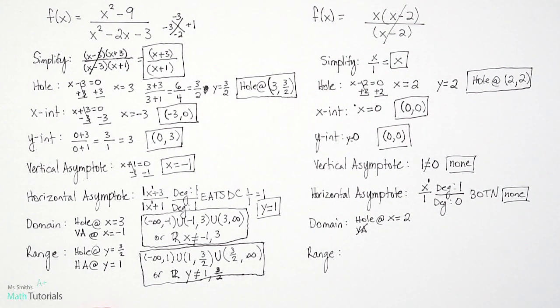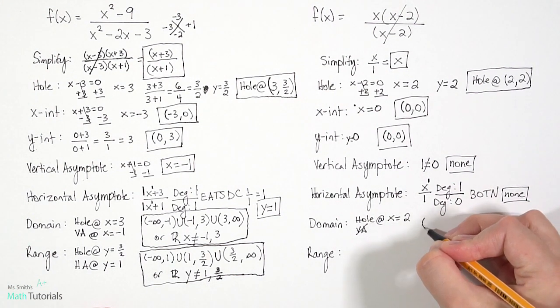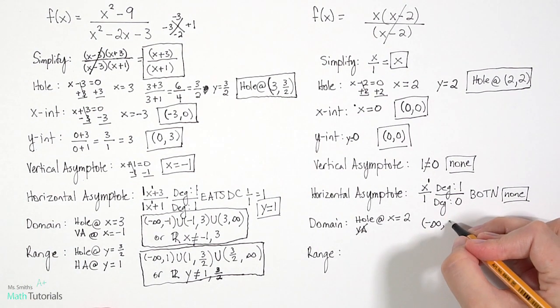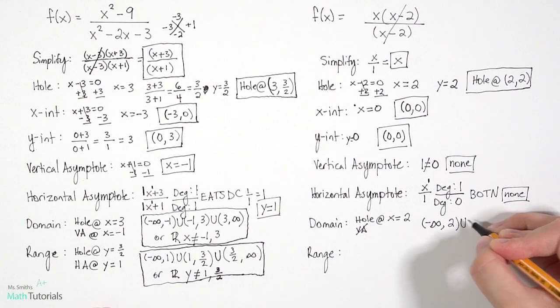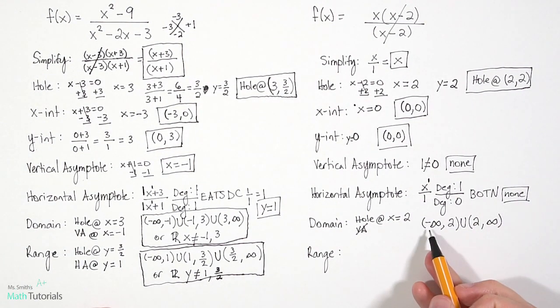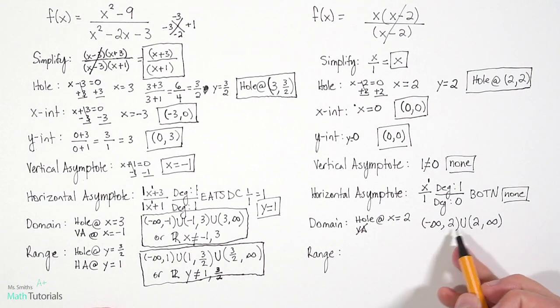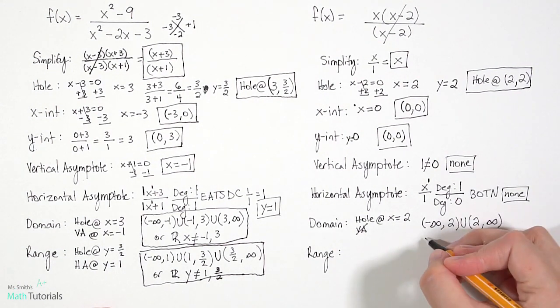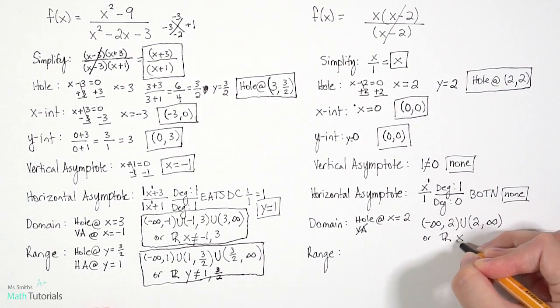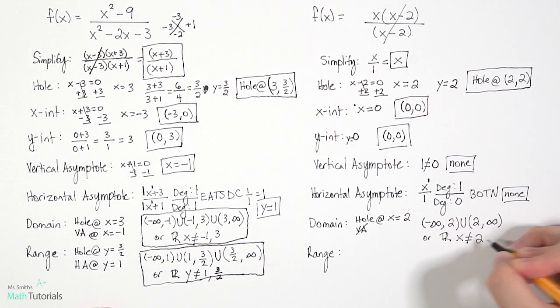So when I go to write the formal way, I would say our domain is negative infinity to 2, union 2 to positive infinity. It means negative infinity to positive infinity with a gap at 2. The informal way would just be all real numbers, but x cannot equal 2.